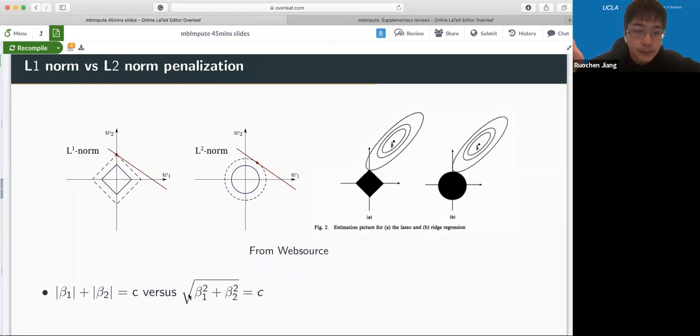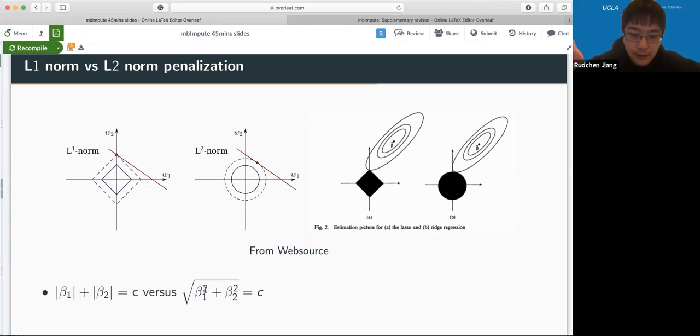If we put a constraint on it, letting the L1 norm equal some constant, then it will form a line in the 2D plot. For example, A times beta 1 plus (1 minus A) times beta 2 equals C, and that forms a line on this plot.